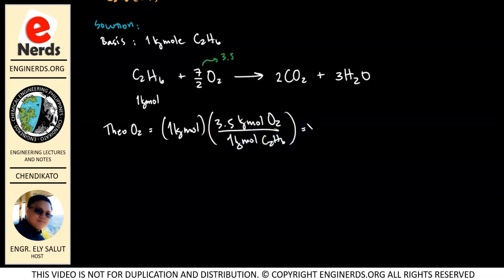So this will be cancelled out, and therefore our theoretical O2 is 3.5 kilogram mole of O2.